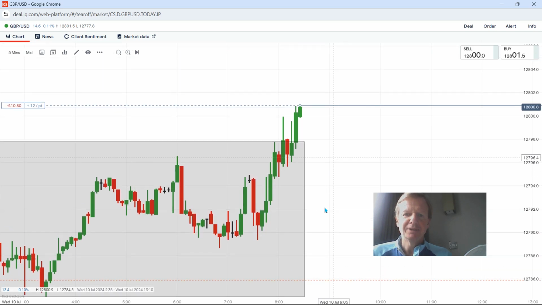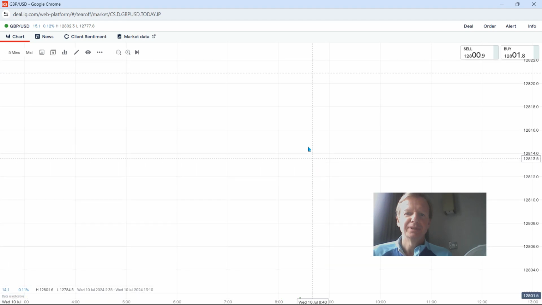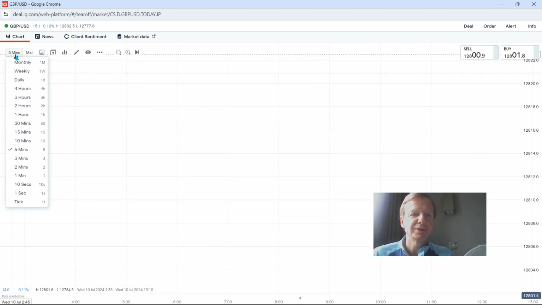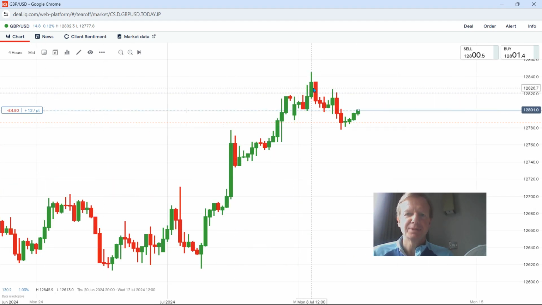Okay, and we're looking to get, where are we? All the way up here, which looks like a long way. But if we do it to the 4 hours, you can see we're trying to hit back up here, which is Monday, 4 o'clock. Actually, it wasn't. Look, it's gone on the wick there. Tuesday, 8 o'clock in the morning.